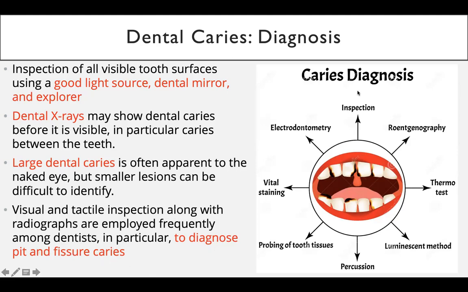So we can diagnose caries by inspection, by electrodontometry, by vital staining, by probing of tissues, percussion, luminescent method, and thermo test, which includes sensibility to hot and cold, and radiography we can perform.